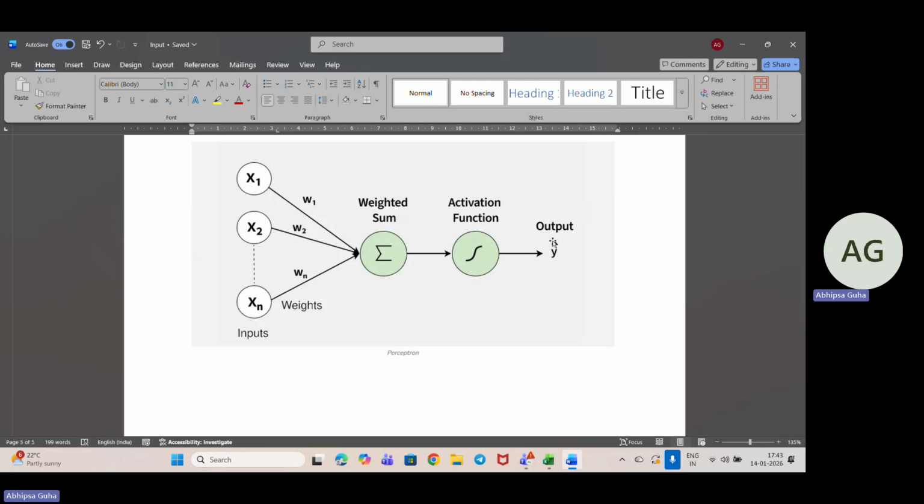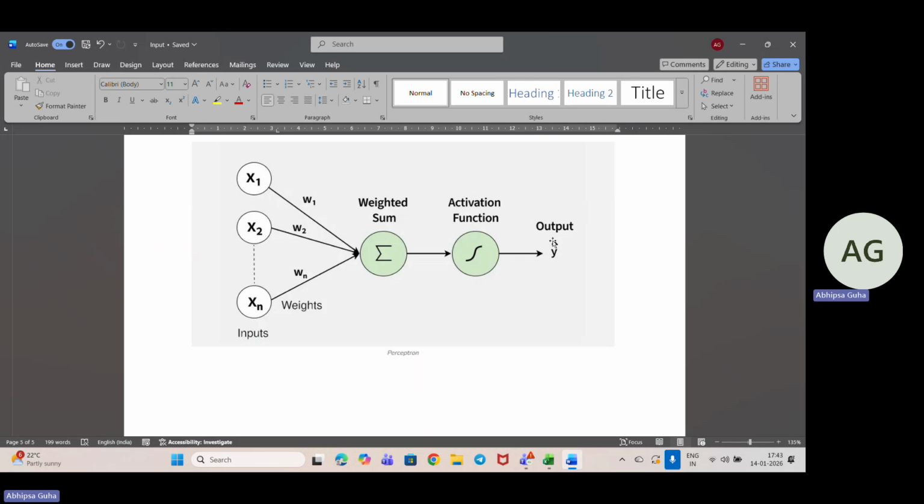The same way the weights are updated, that is new weight equals old weight plus learning rate times error, plus times input in certain cases. Basically we can do it in some cases, because that is how the weights are getting updated.